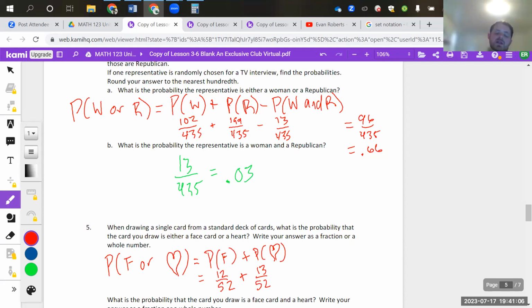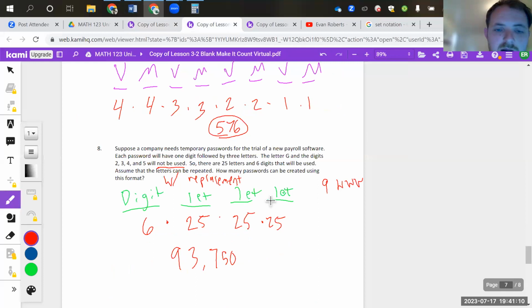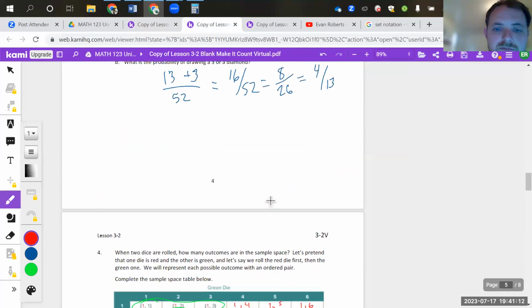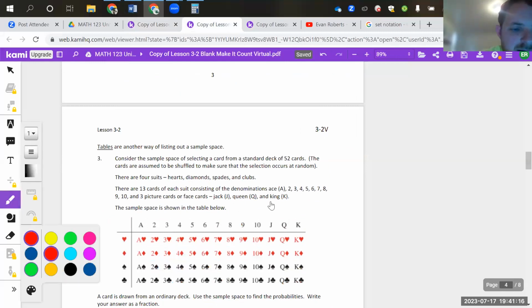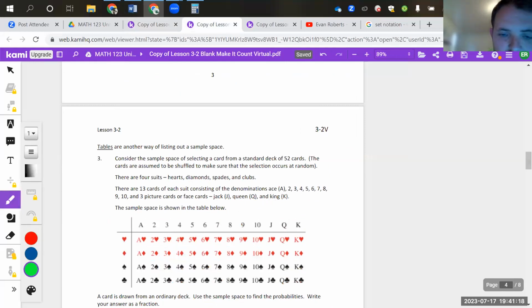And so again, if you want to look at that overlap, which maybe I will look at. For this question, the probability of a face card should be these 12 over here, and the probability of a heart would be all these hearts.